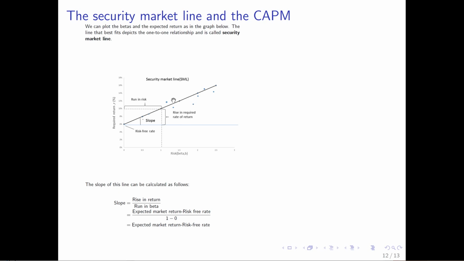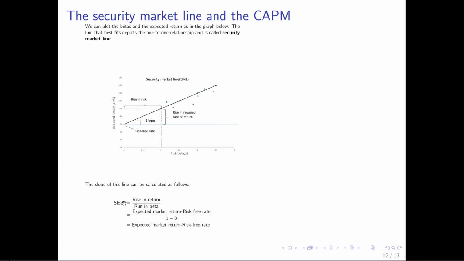That's because there is some other noise that could also affect those returns. The slope of this line will equal the rise in return divided by the run in the risk. Here the risk is measured as beta, because we're only talking about systematic risk here.